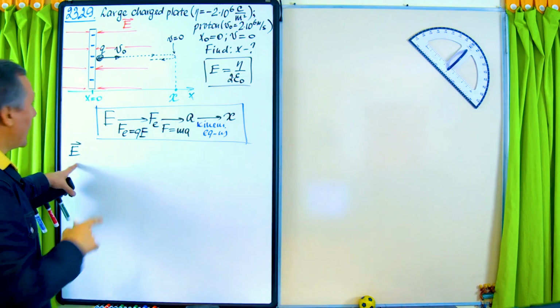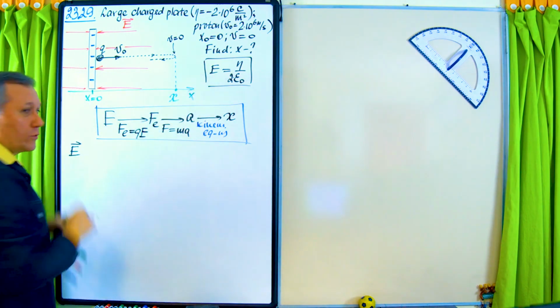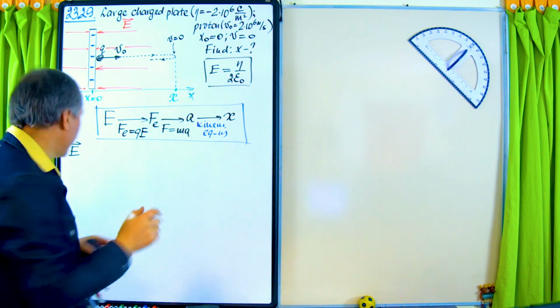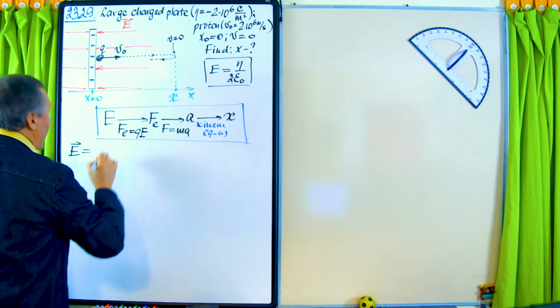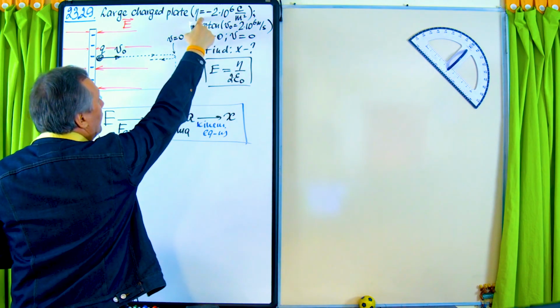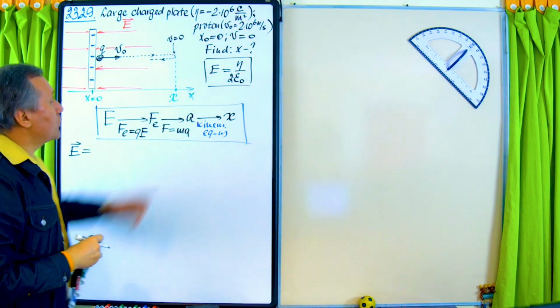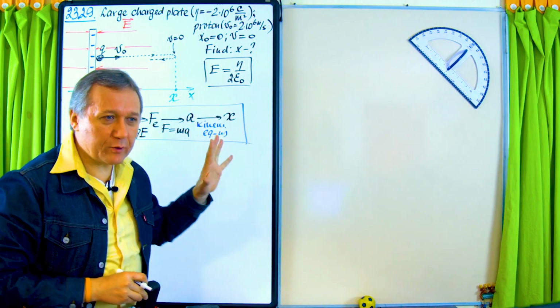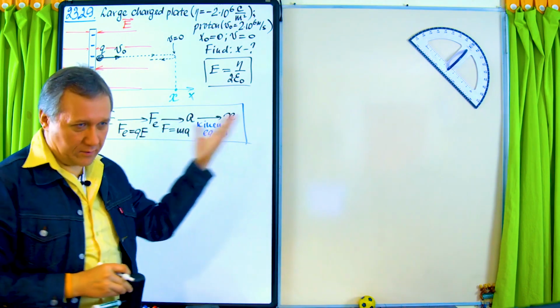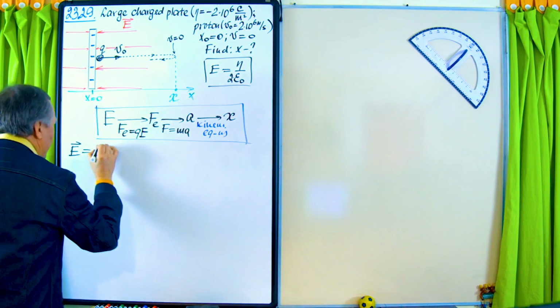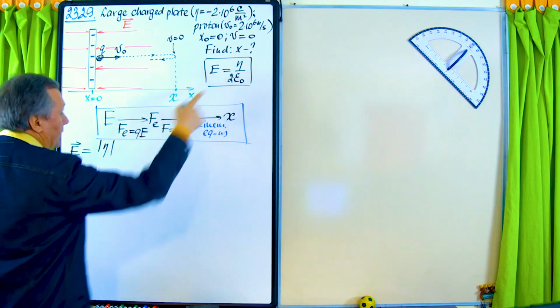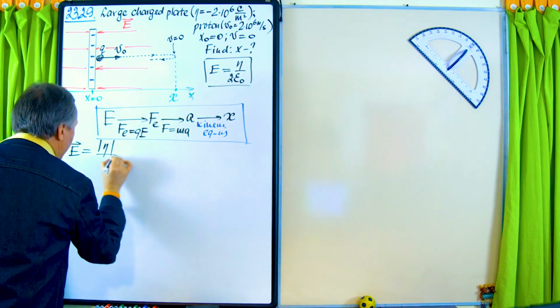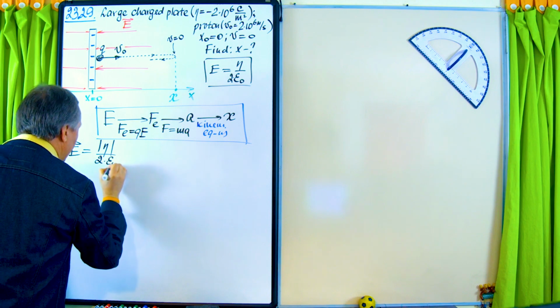Now it's a magnitude, but I want to write it in the vector form. First of all, our surface charge density is negative. I want to use the absolute value of eta, and I will show the minus explicitly. You will see in a second where. So the absolute value of eta, divided by 2 times epsilon naught.